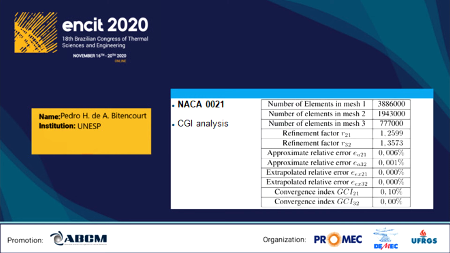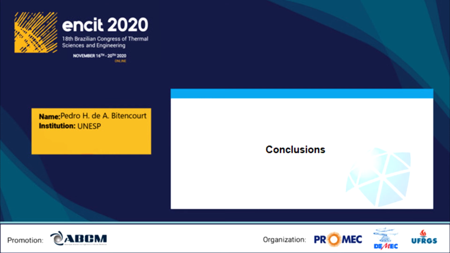Following the procedure of Celik, we verified the GCI for the NACA 0021 test case generated meshes, and the results are presented in the table. Comparing the results, we verified that the intermediary grid can be used in the NACA 0021 case analysis, due to GCI 2.1 being less than 0.1.